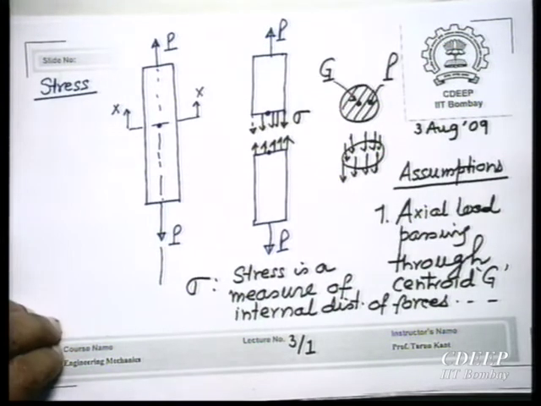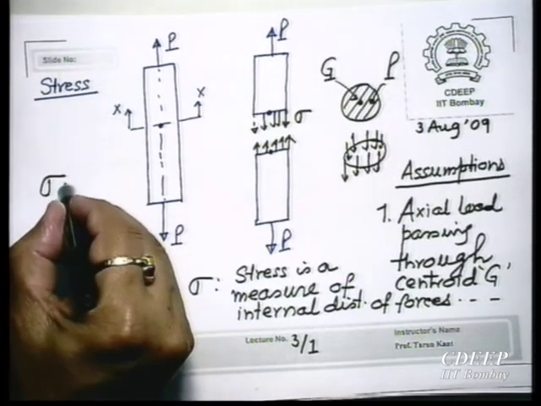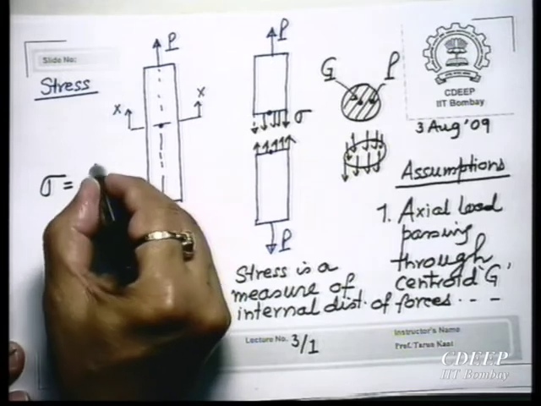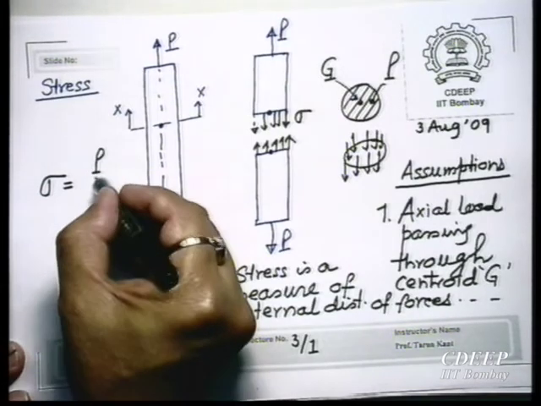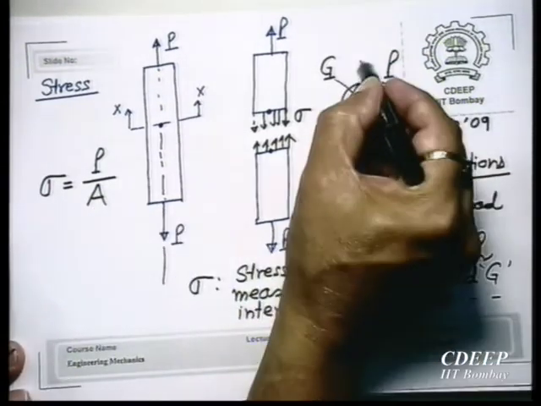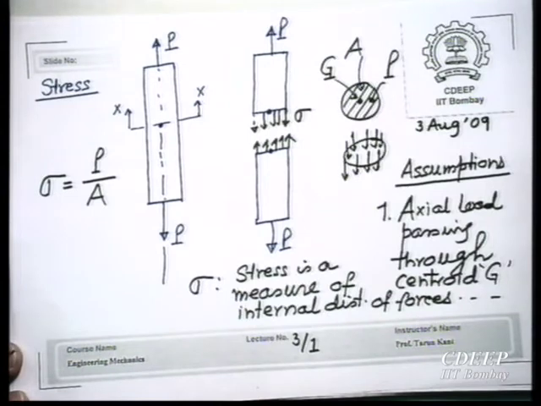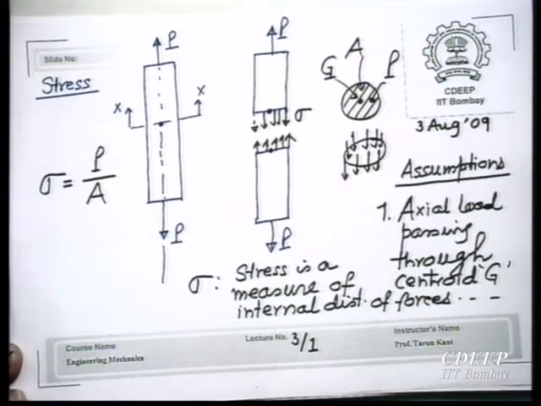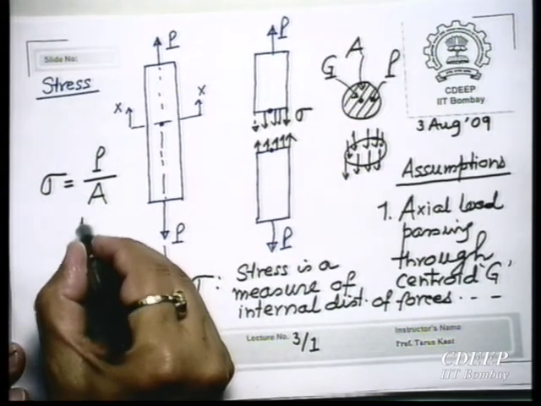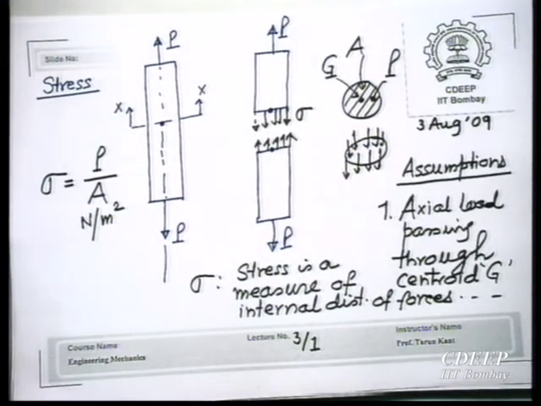So, we denote this stress as sigma equals P by A, where load P is in Newton divided by area of cross section A in square meters. So, so many Newton per square meter is the stress. This is the simple concept of stress at a point P.